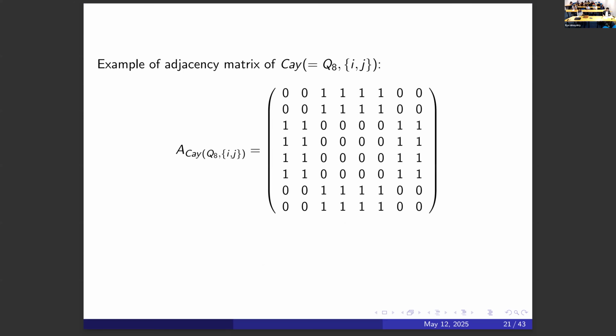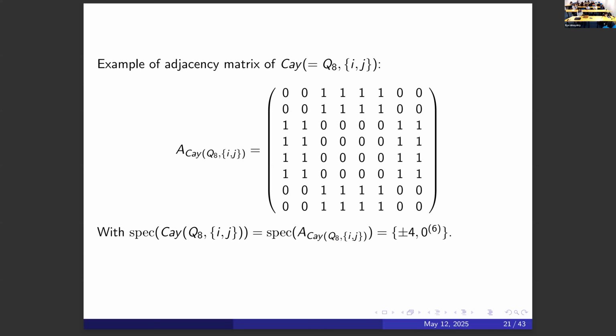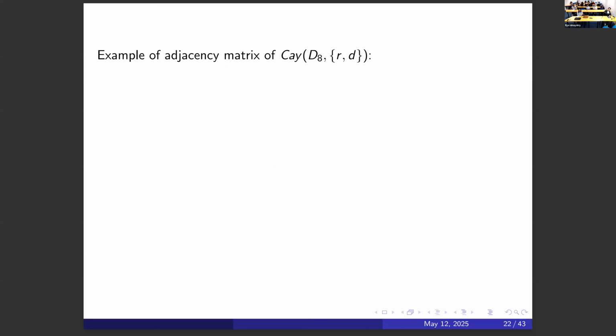As you can see, it's symmetric, and each row and column is four-regular: there are four edges along each row or column. And here are the eigenvalues that you get from this matrix: ±4 and 6 copies of 0.